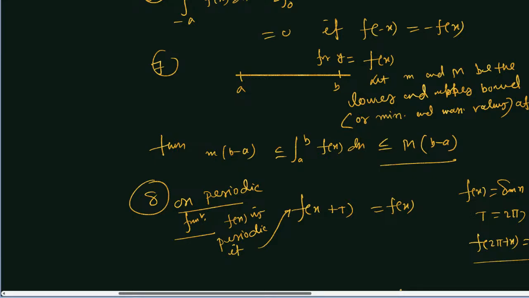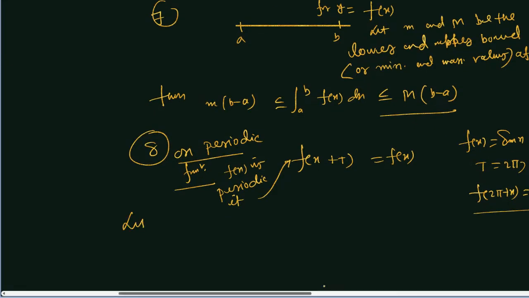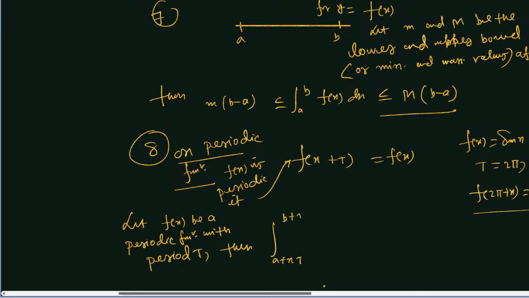If there is a periodic function with period T, let f(x) be a periodic function with period T, then integral a plus nT to b plus nT f(x) dx will be simply integral a to b f(x) dx.